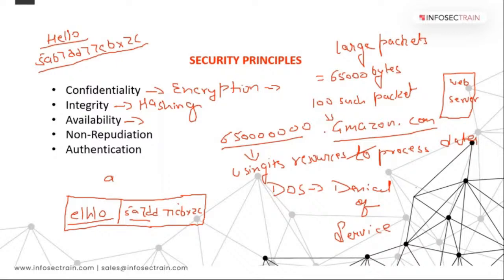Now if all of the resources of that server are busy, that server will deny my request, that I don't have any resources left, so I'm busy in some other work, so I cannot reply to your request, right? So that is your DOS attack, right?